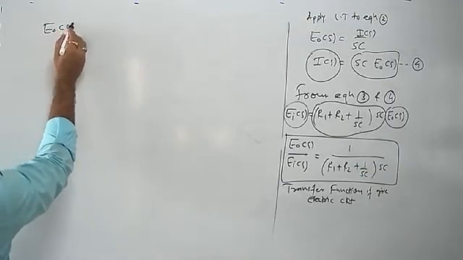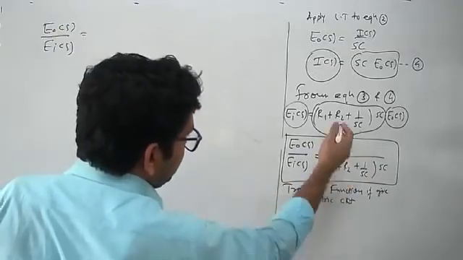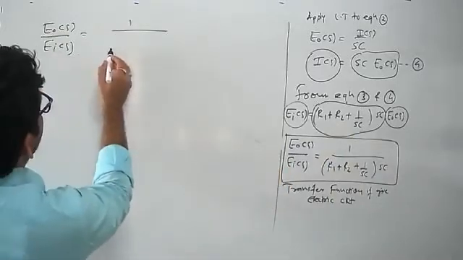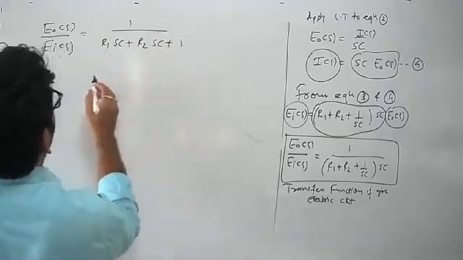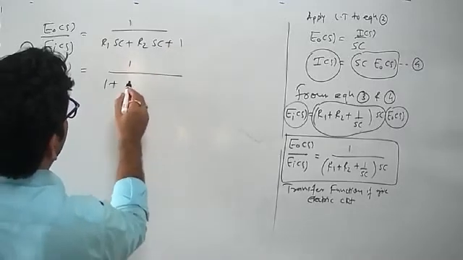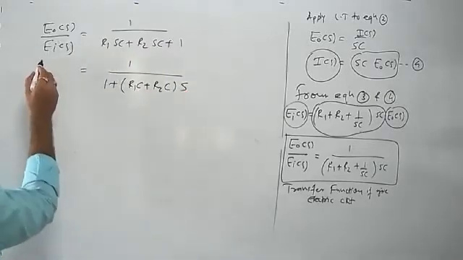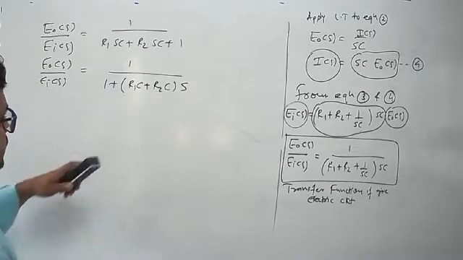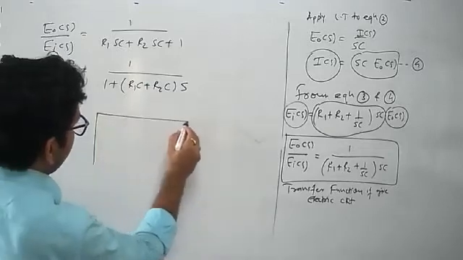So output E naught of S divided by input EI of S is going to be equal to, if you multiply it by SC, 1 whole divided by R1 into SC plus R2 into SC plus 1, or simply you can write 1 upon 1 plus, if you take S common, R1C plus R2C into S, where here we have E naught of S by EI of S. And suppose you are interested in representing this particular term as a block diagram, in block diagram it is something like this.